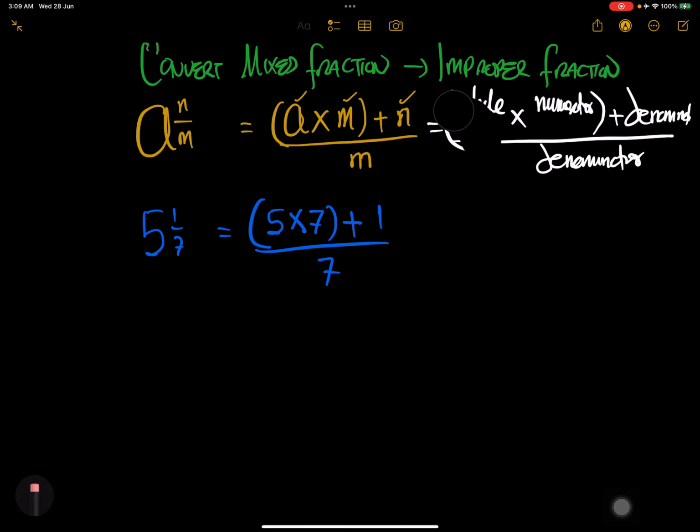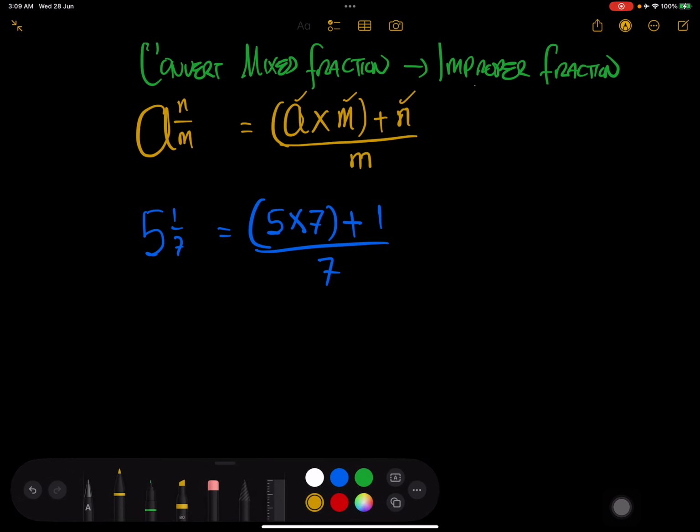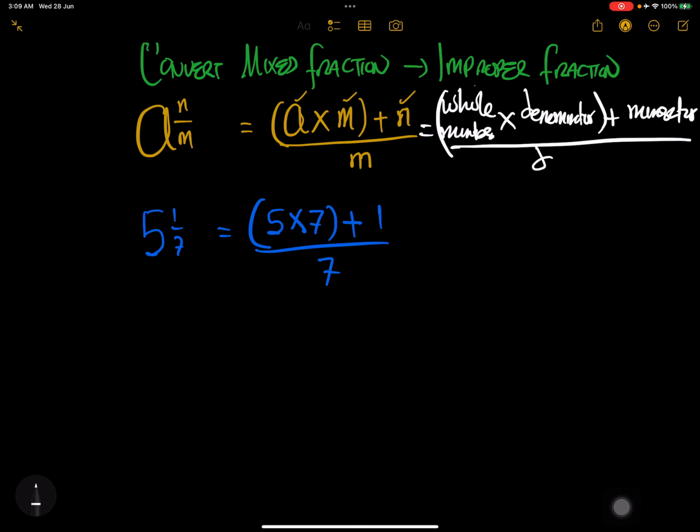Sorry about the confusion. Let me quickly do that for us. We're saying that it's the whole number multiplying the denominator, and then we add the numerator to it, and we divide everything by the denominator.